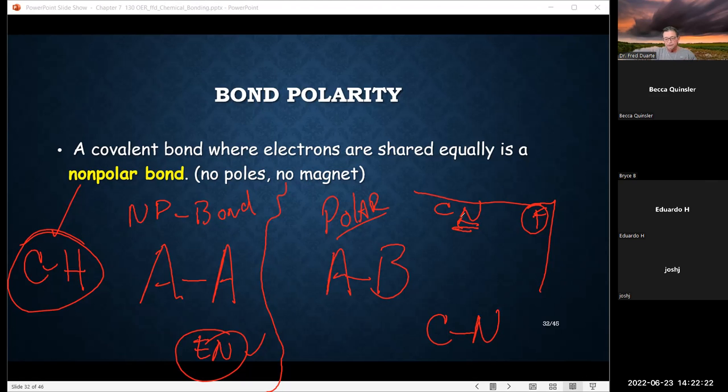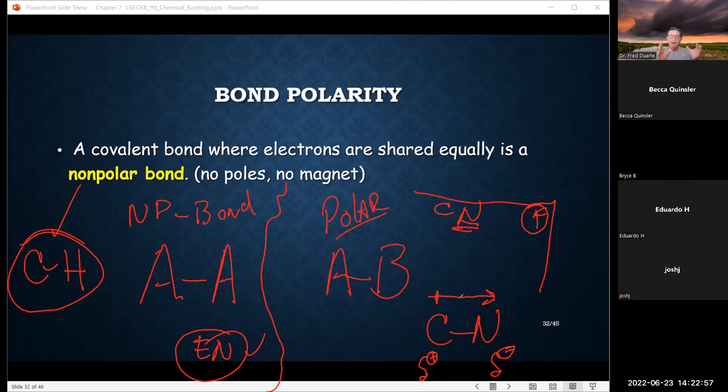So what results is we draw an arrow. The arrow points to the most electronegative element, which is nitrogen, and then we put a little plus at the end of the arrow, and that's on the carbon side. The result is this. On the nitrogen, it produces a partial negative. That symbol, delta, that's lowercase delta, means a partial negative. And on the carbon side, it creates a partial positive.